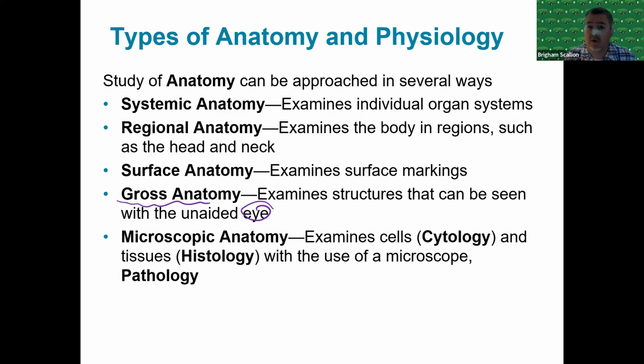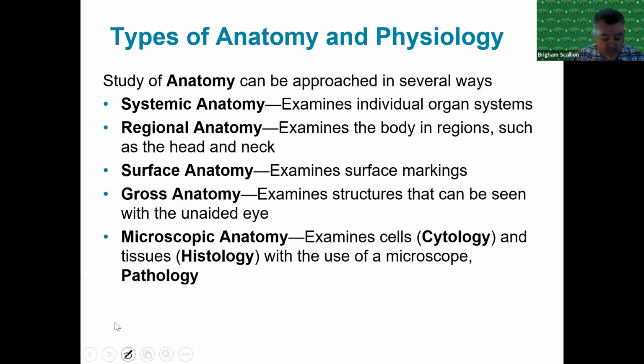In medical school, for instance, medical students in their first year will take a course called gross anatomy, in which they will dissect an entire human being. They will look at each of the systems, the cardiovascular and the skin or integumentary system. That is studying gross anatomy by using their eyes.